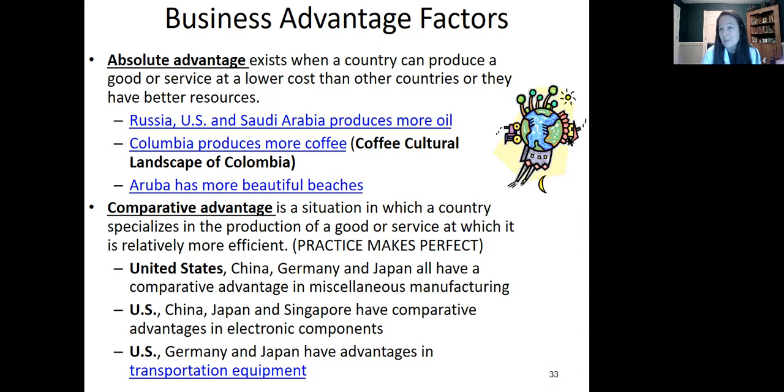Like there's a lot of countries that produce cars. But when we think of really high quality cars, we think of Japan with the Honda, the Nissan. We think of the United States with Ford and Chevy. We think of Germany, like with the BMW. Even though a lot of countries make the cars, some countries have just found a way to do it better.